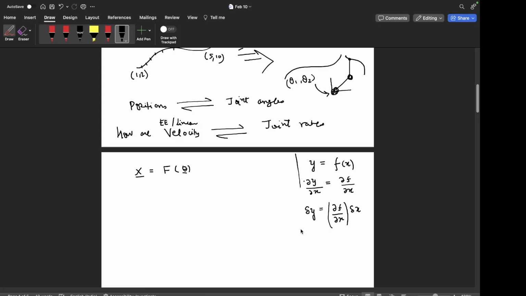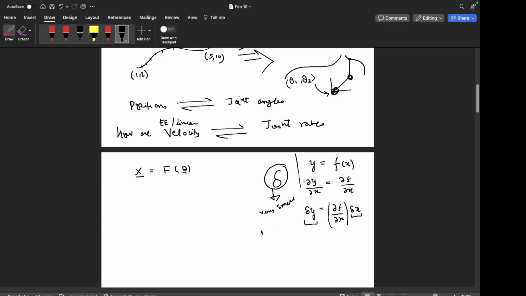You should be very careful with the symbols. I'm using this kind of symbol to denote a small, infinitesimal change.